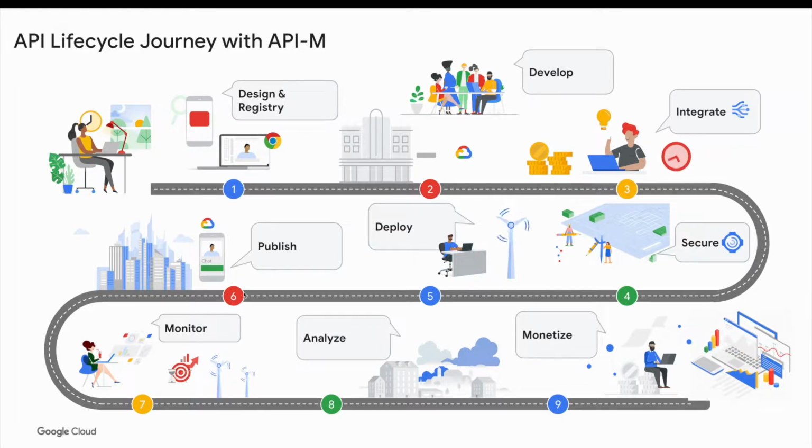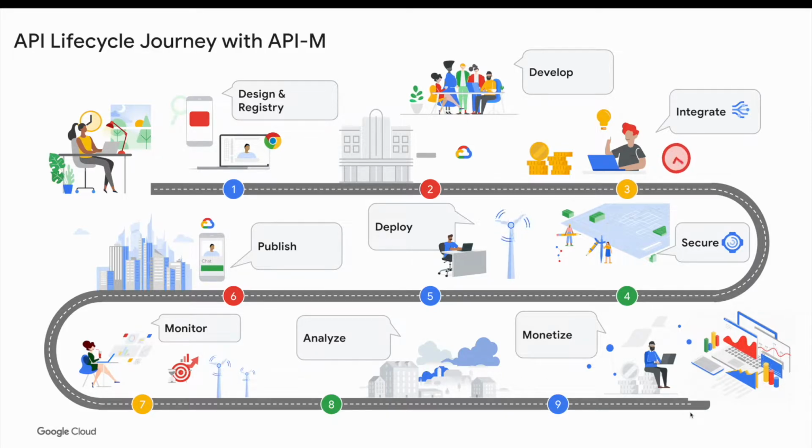And once they're available, you want to publish these APIs and ensure that your partners and other developers get to know how to use those APIs. Then you should be able to monitor the operational metrics of your APIs as well as analyze the business metrics that are being contributed to by your API program.